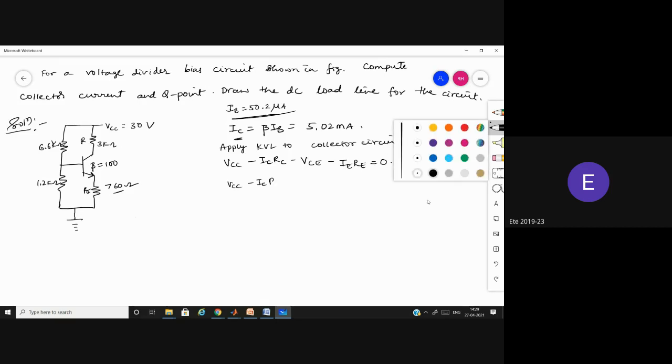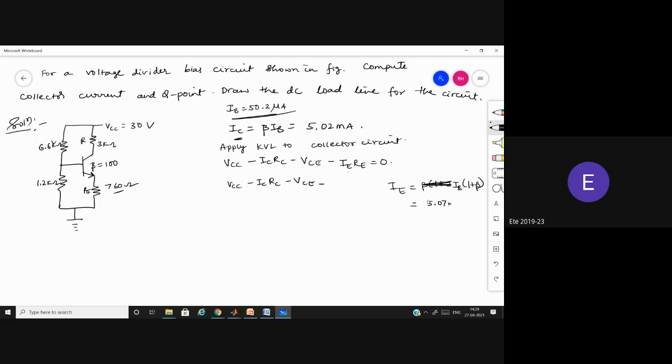IE can be found by the formula beta into 1 plus IB into 1 plus beta, and we can substitute that here. So I think IE will be 5.07 milliamps.